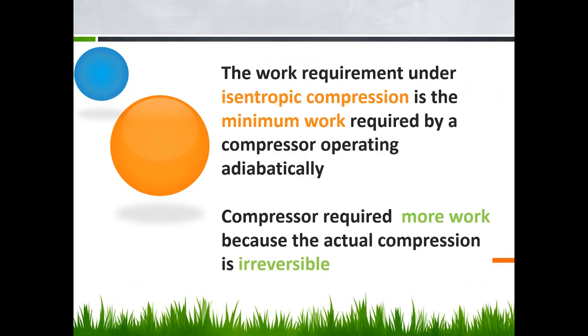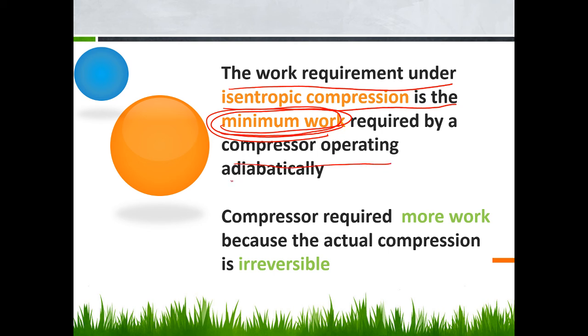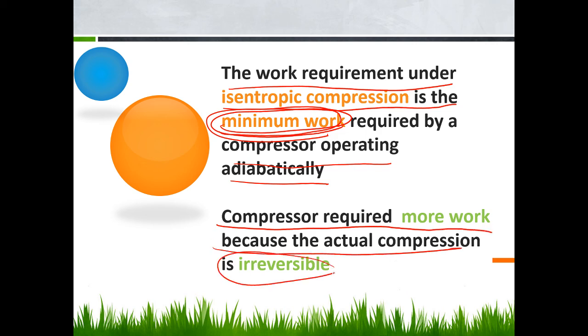Yan. The work requirement of isentropic compression is the minimum work. Okay, tandaan. It's the minimum work required by a compressor operating adiabatically. And, yung actual compression requires more work because of irreversibilities in the process.